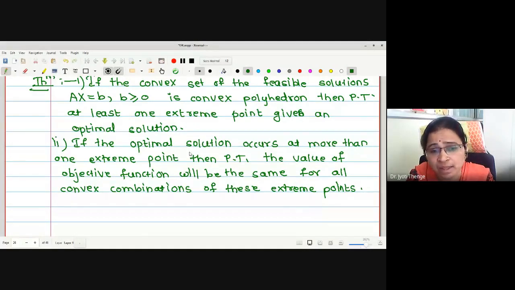Suppose the extreme points are x1, x2 up to xk. Among these k points, suppose at the mth point I get the maximum value among the extreme points.